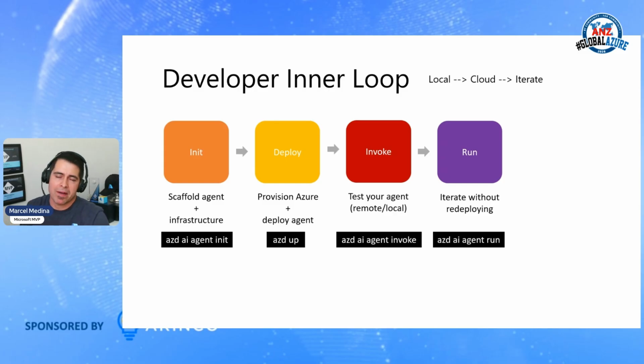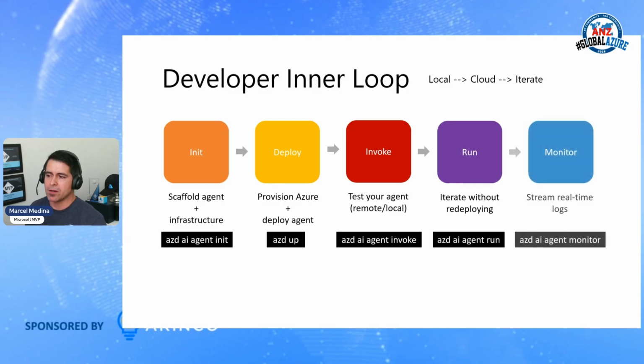But you have this ability to bring your local or run it on your local and get things there for you to develop, validate, and test it. And together with the agent monitor command.